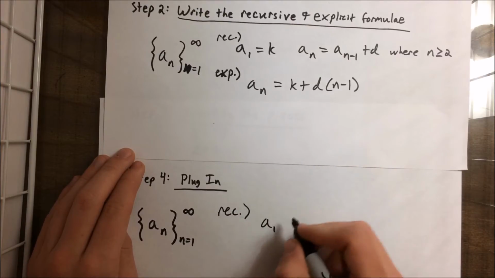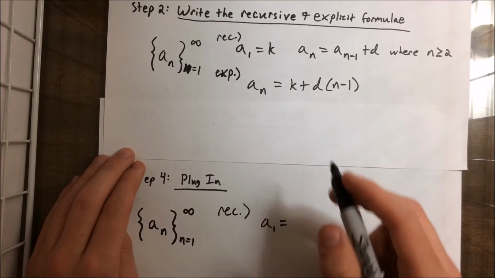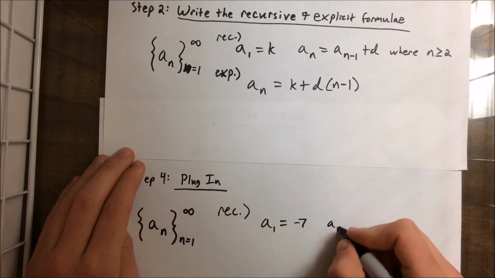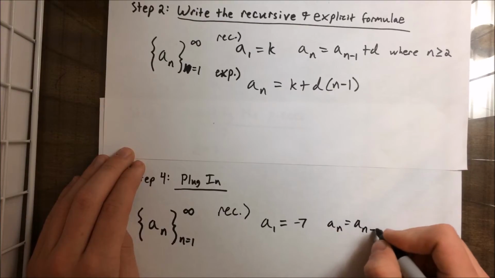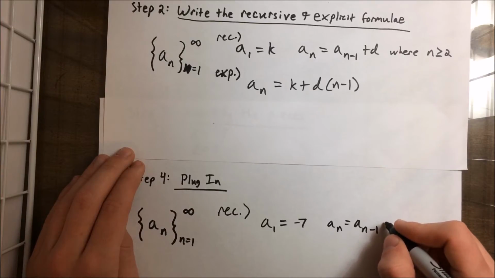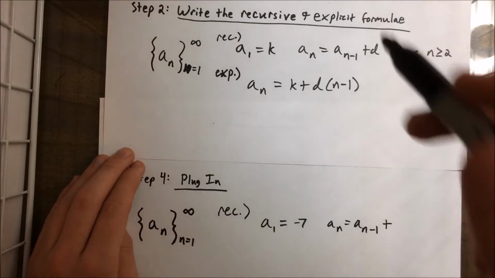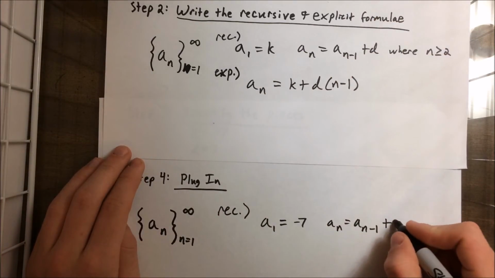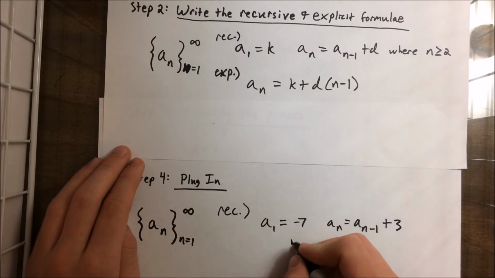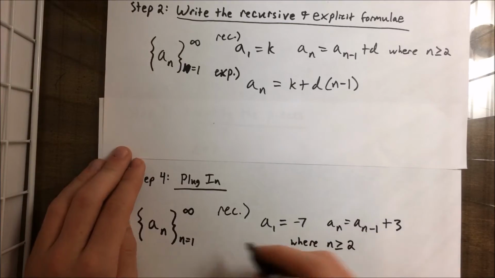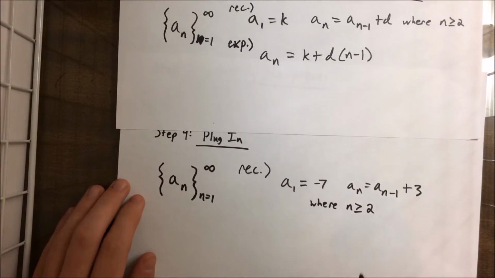So a sub 1 is equal to -7, and a sub n is equal to a sub n minus 1 plus d, which according to this is 3, where n is greater than or equal to 2. So that's your recursive answer.